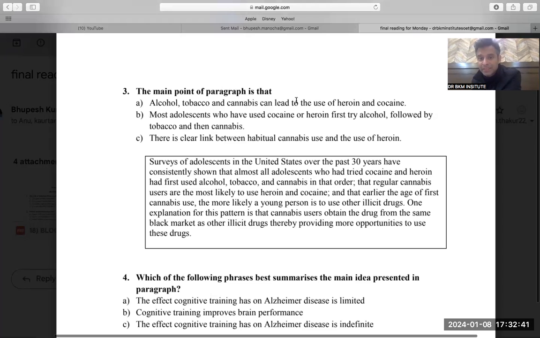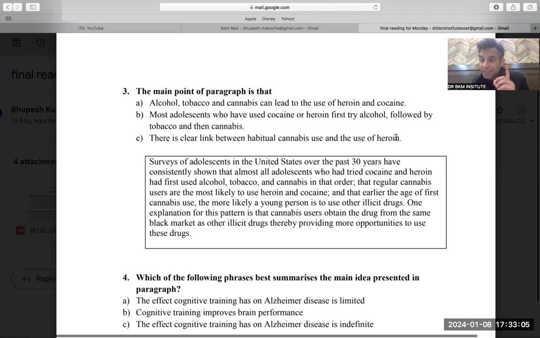Alcohol, tobacco, and cannabis can lead to this; this is a fact. A is correct, but this is not the main point. The main point is why. Most adolescents who have used cocaine or heroin first try alcohol followed by this and this. Again, right, but not the main point. There is a clear link between habitual cannabis use and use of heroin?